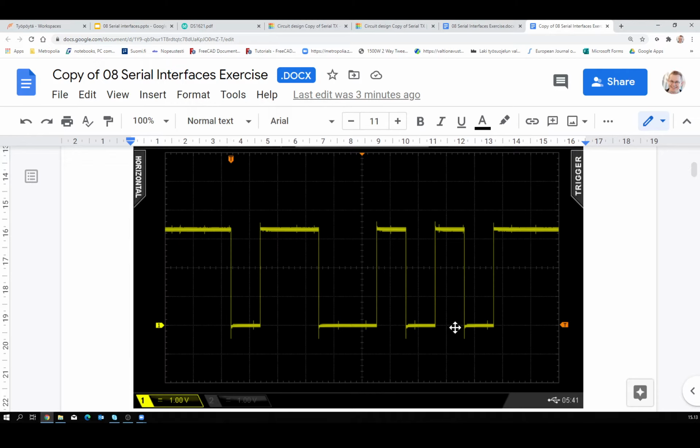So that's start, that's stop, and now we are using the normal logic, meaning 0 is the signal at 0 volts and high is the signal at 3.3 volts. Pretty straightforward. You just need to read the bits and translate that into the message.